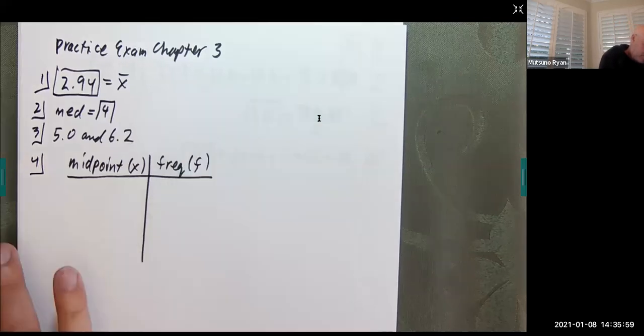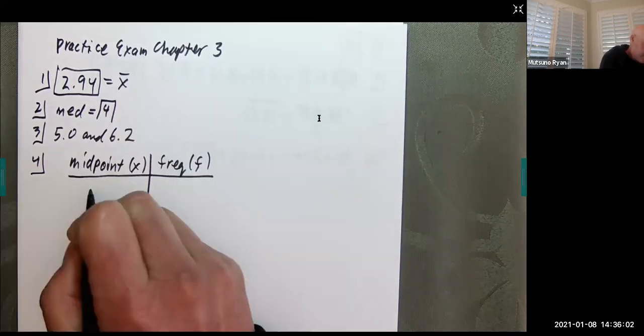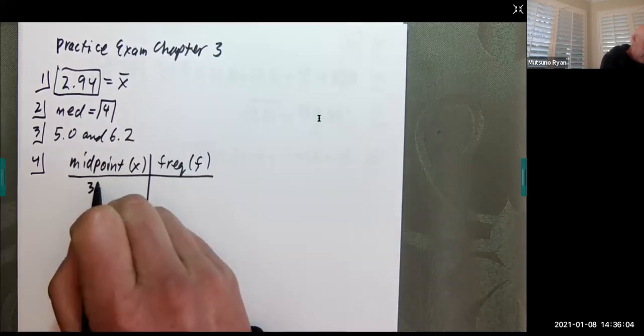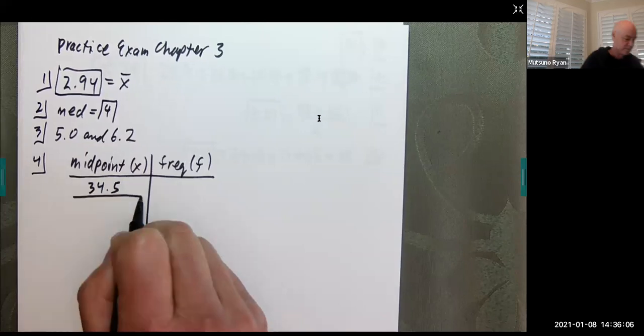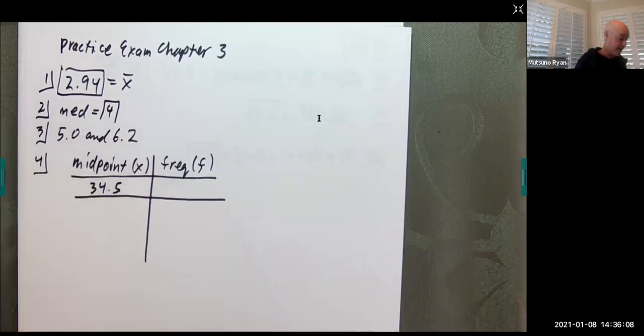So meaning we're going to make the midpoint of this class represent that class. Next up is 49 plus 40 divided by 2, which is going to give me 44.5.